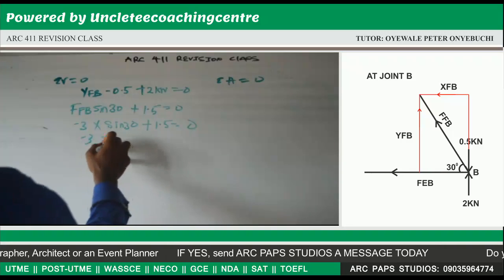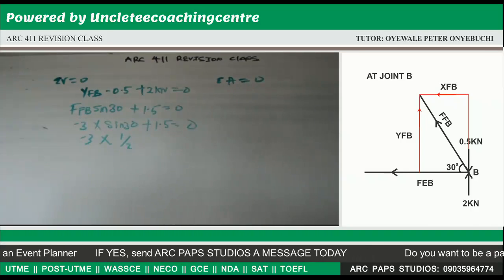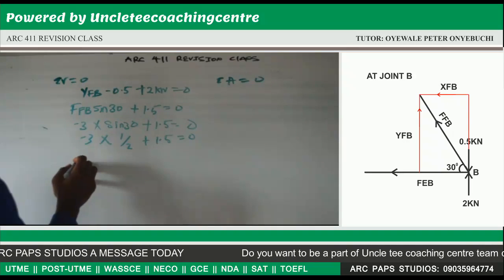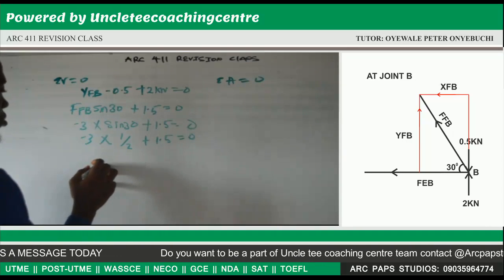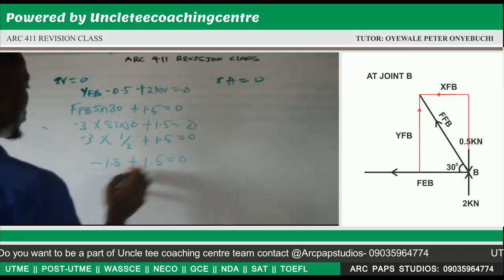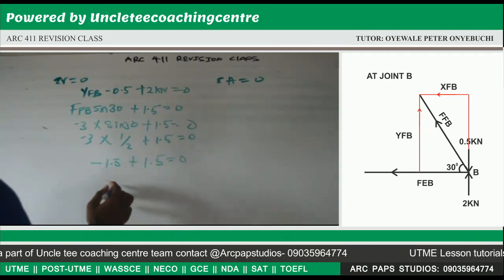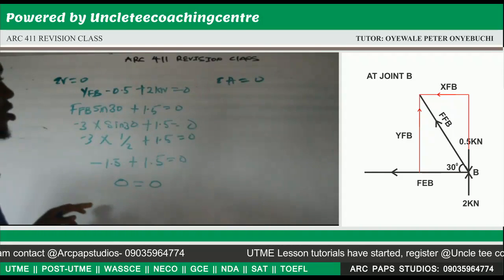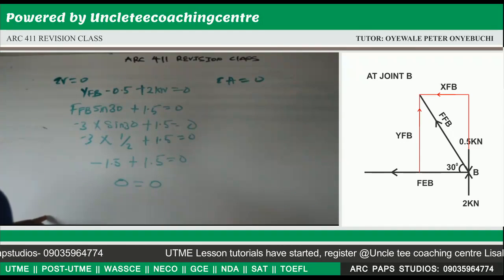Now this, minus 3 times sine 30, which is 1 over 2, plus 1.5, will give us 0. Now this is minus 3 divided by 2, minus 1.5 plus 1.5 is equal to 0. So minus 1.5 plus 1.5, that is 0, is equal to 0. It means that the truss is at equilibrium at joint B.